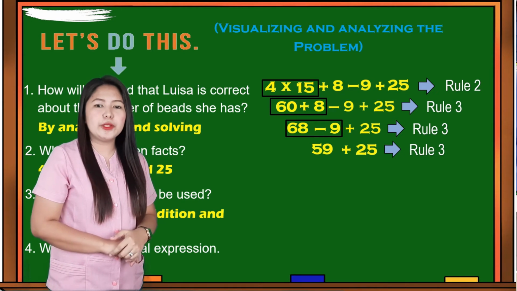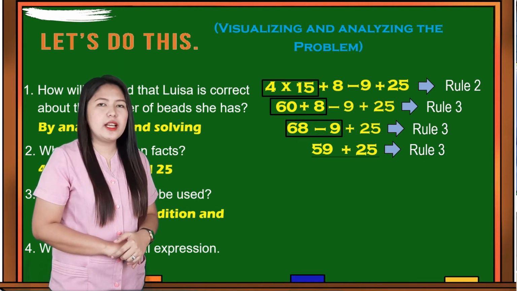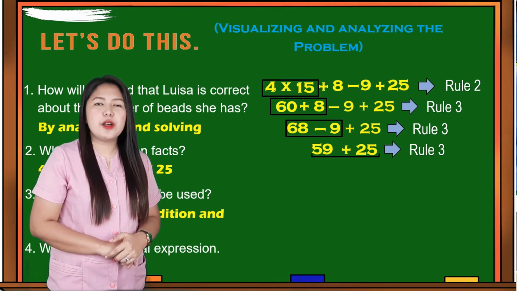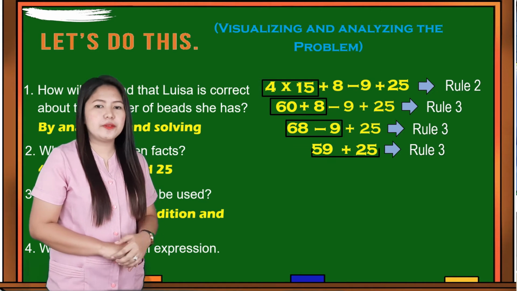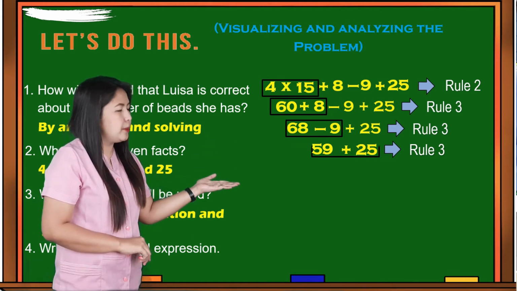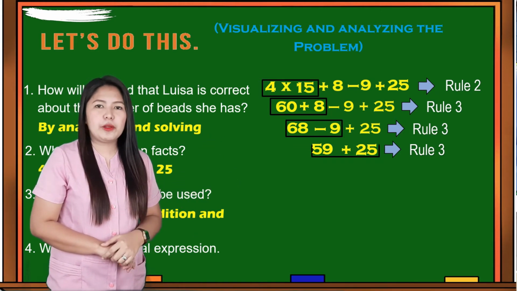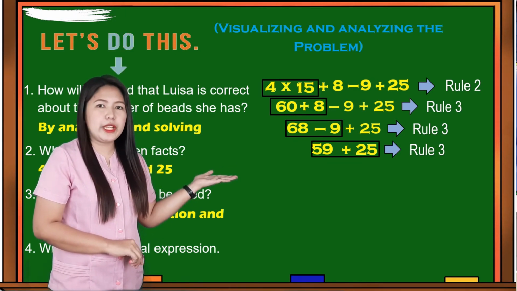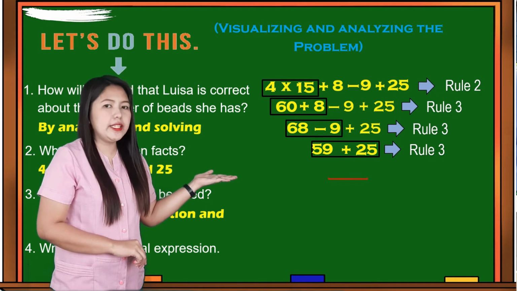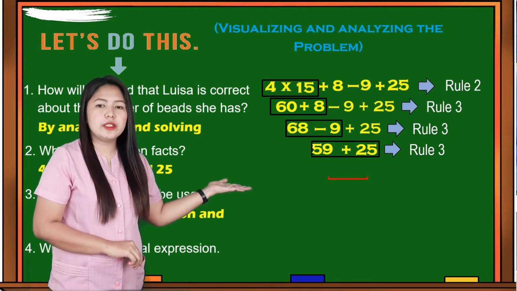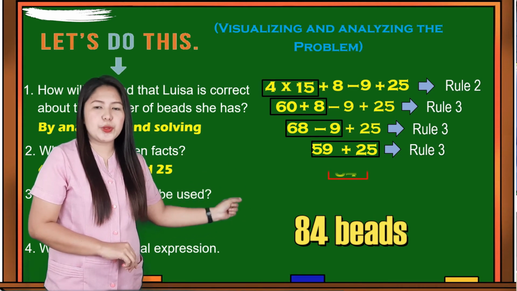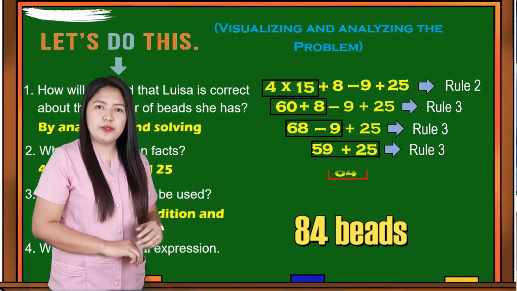Meron tayong subtraction. 68 minus 9 is 59. And that is rule number 3. Bring down 25. Lastly, dahil iisa na lang ang operation natin, 59 plus 25 is 84. Ang ating final answer is 84.